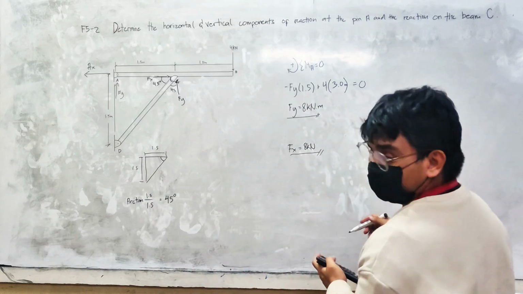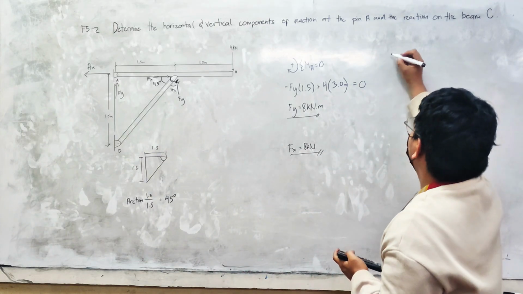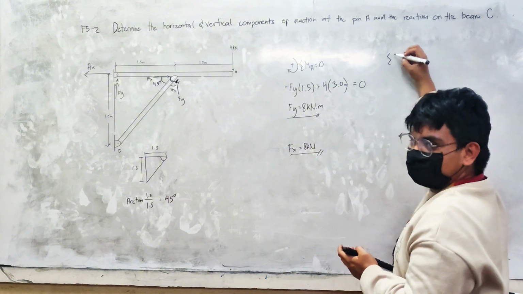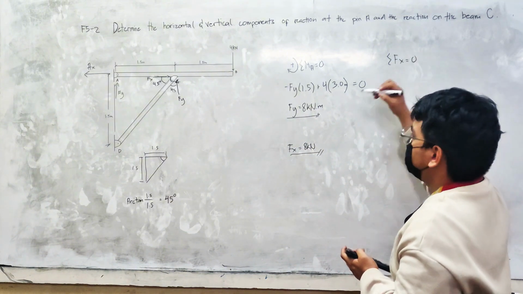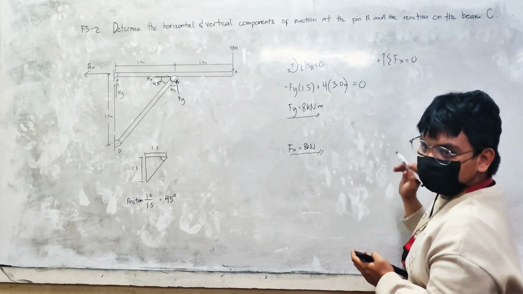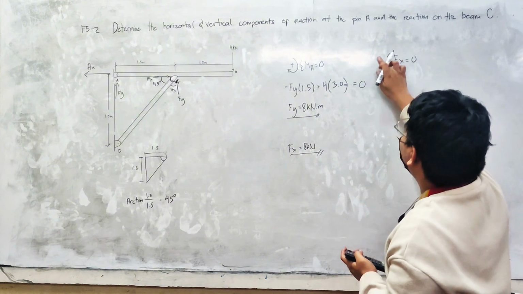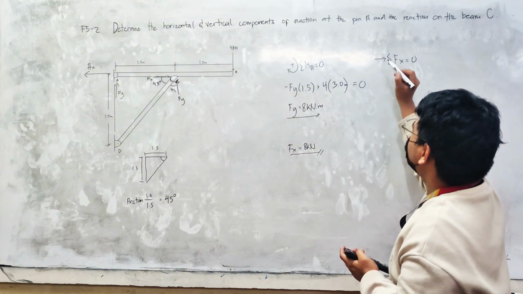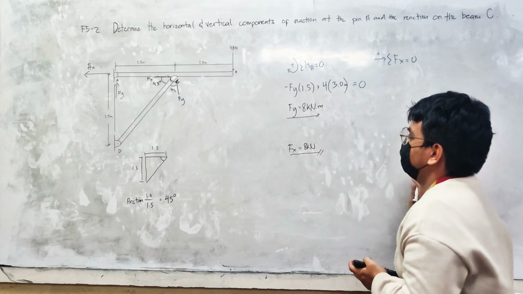So after that, then we go to get our summation of Fx equal to 0. So we're going to assume that everything that goes right is positive.